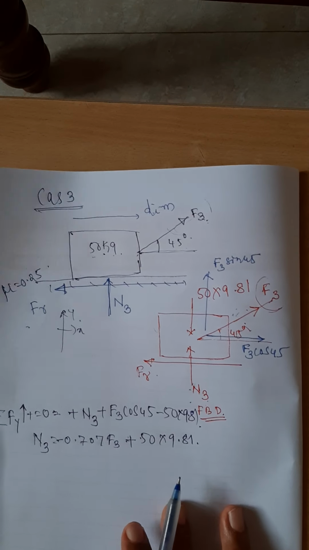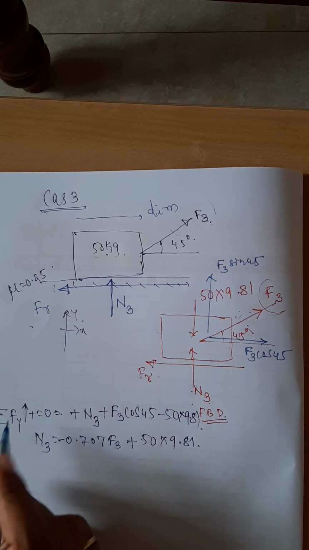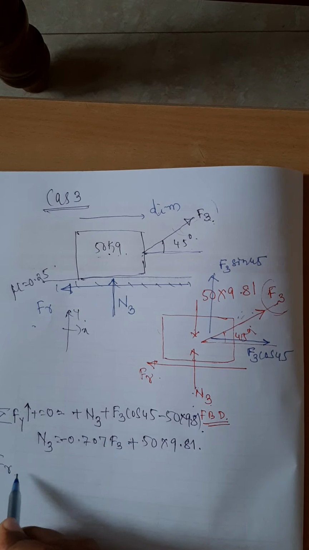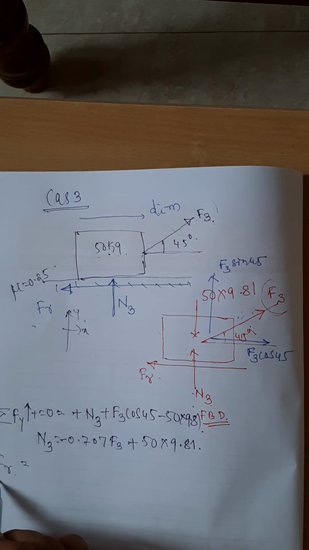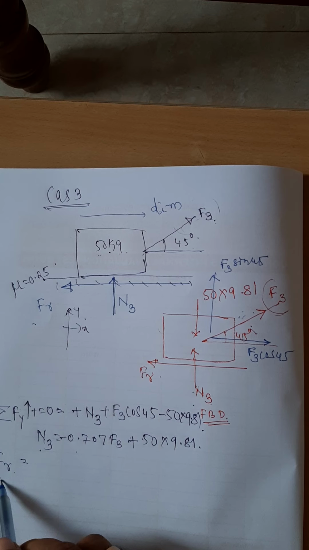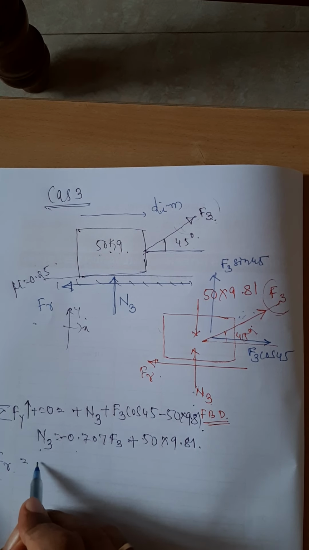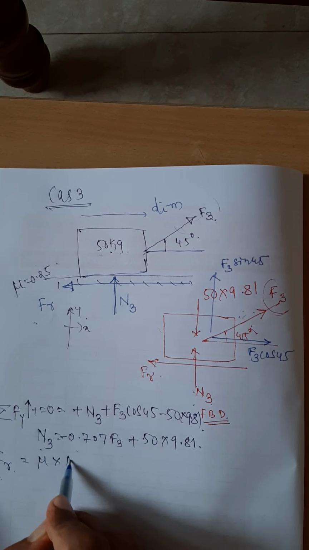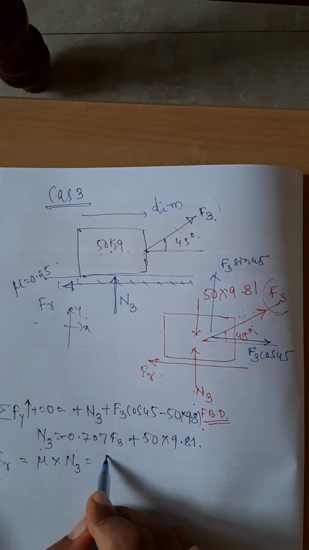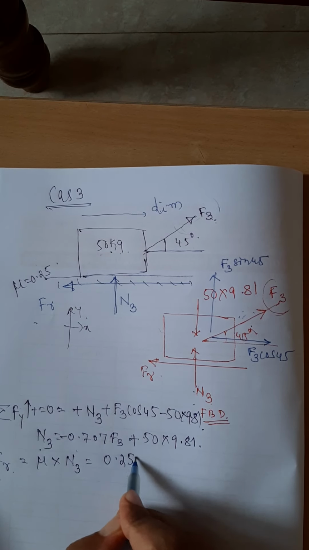Once the N3 is known to you, you are going for what is the value of FR3. FR is equal to frictional resistance. FR is equal to what? The normal reaction multiplied by coefficient of friction. Yes, FR is equal to mu, coefficient of friction, multiplied by the normal reaction. He has given the mu as 0.25.